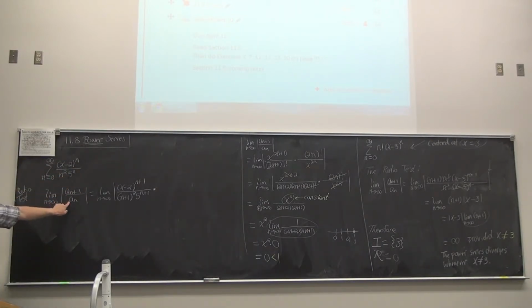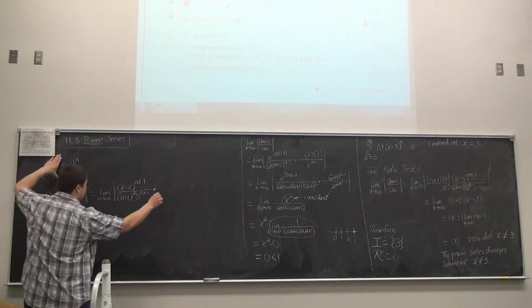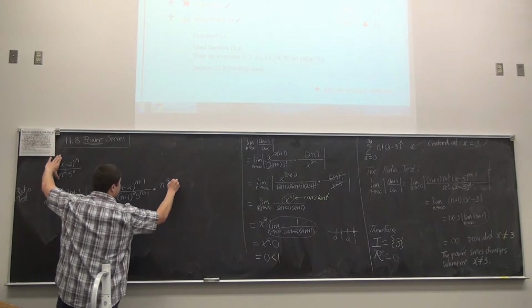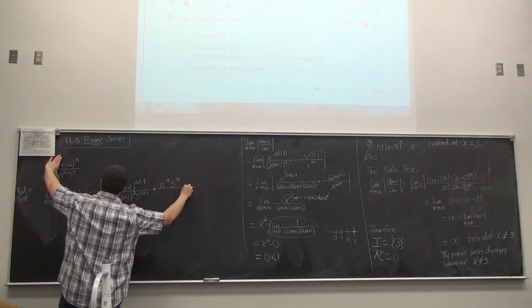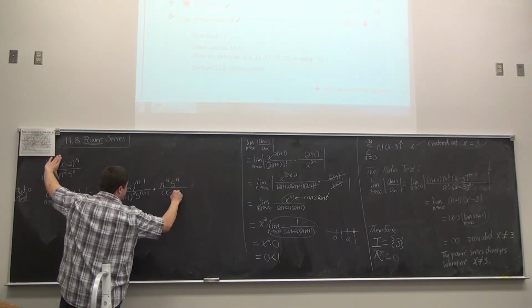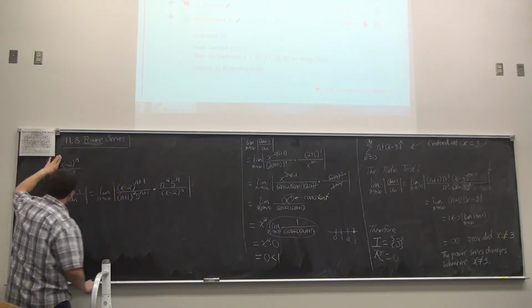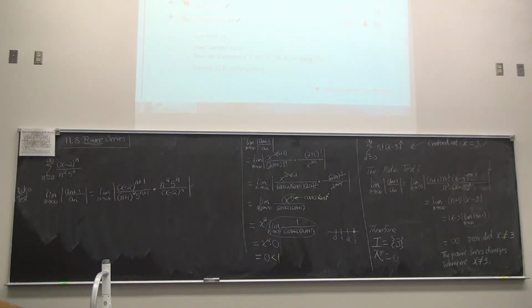Then we're dividing by a sub n, which means we're dividing by this entire thing, so we'll multiply by the reciprocal, which is n squared times 5 to the power of n, divided by (x minus 2) to the power of n, and close absolute values. So this is the start of the ratio test. I mean, we probably have done it about 10 times so far.